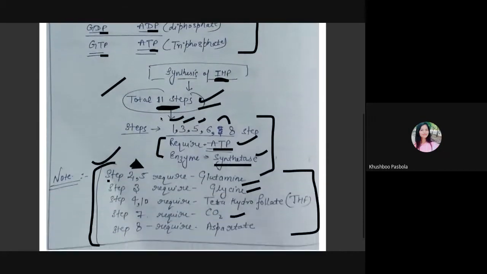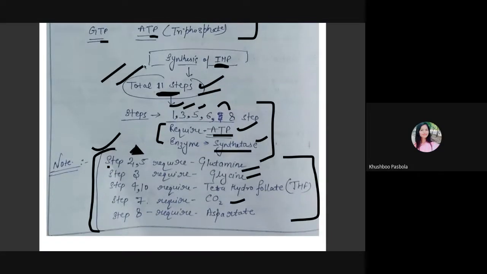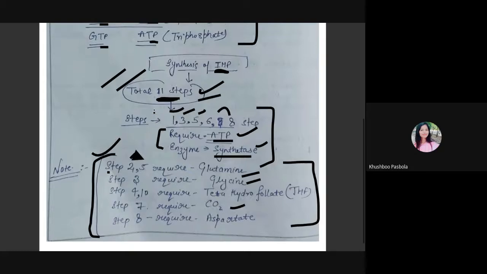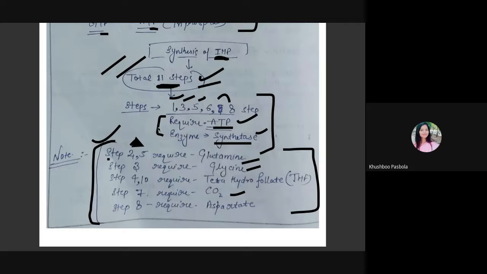So let's start discussing the steps. In total we have 11 steps in this pathway. So here I put some tricks to help you remember these steps, because you will get MCQs in your end semester examination, so it is not easy to just memorize all the steps.